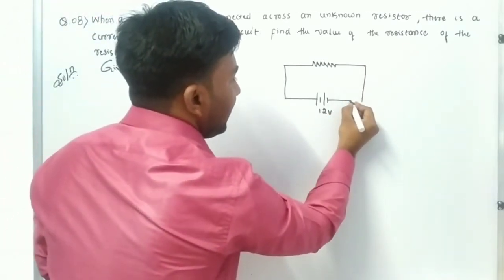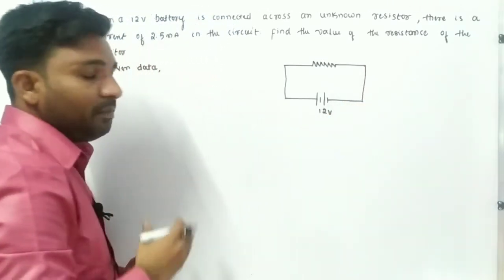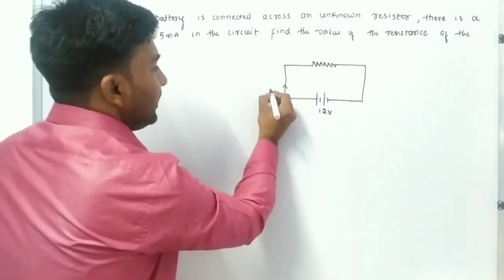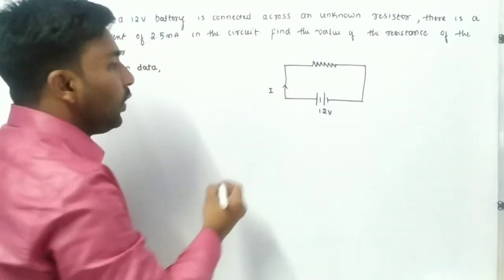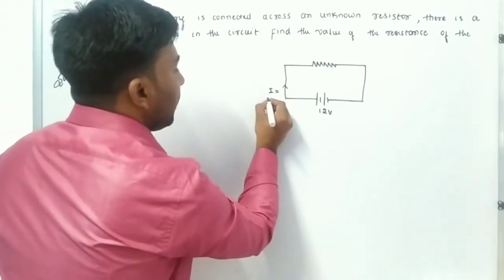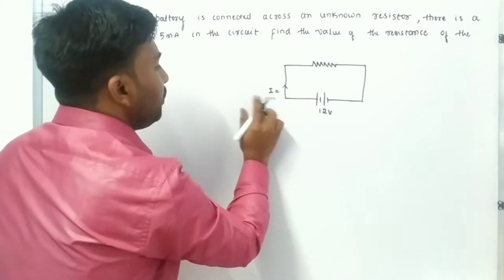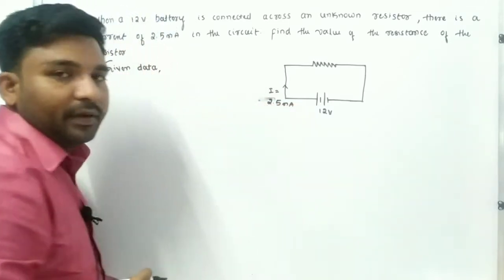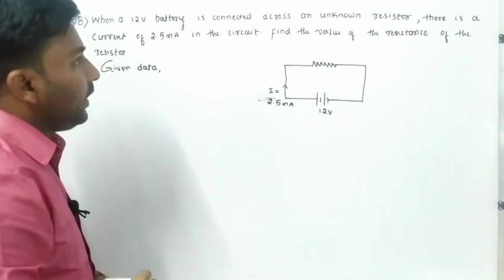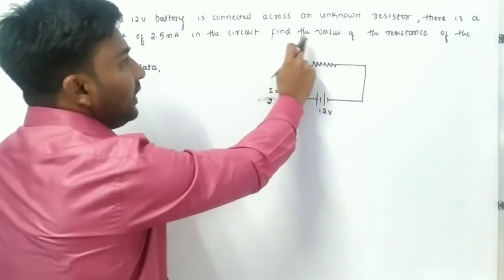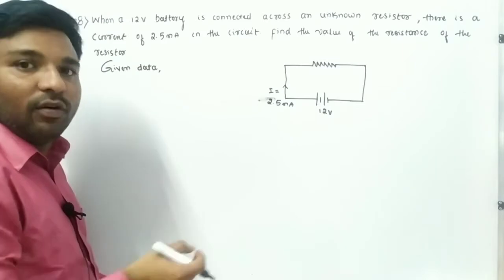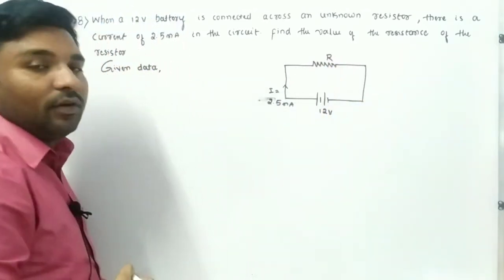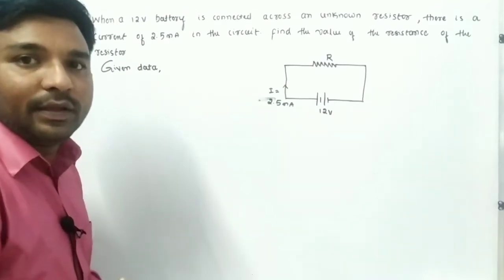So when it is connected to the battery, there is a current flowing in the circuit which is 2.5 milliampere. Now we have to find out the value of the resistance of the resistor. So this is the question.